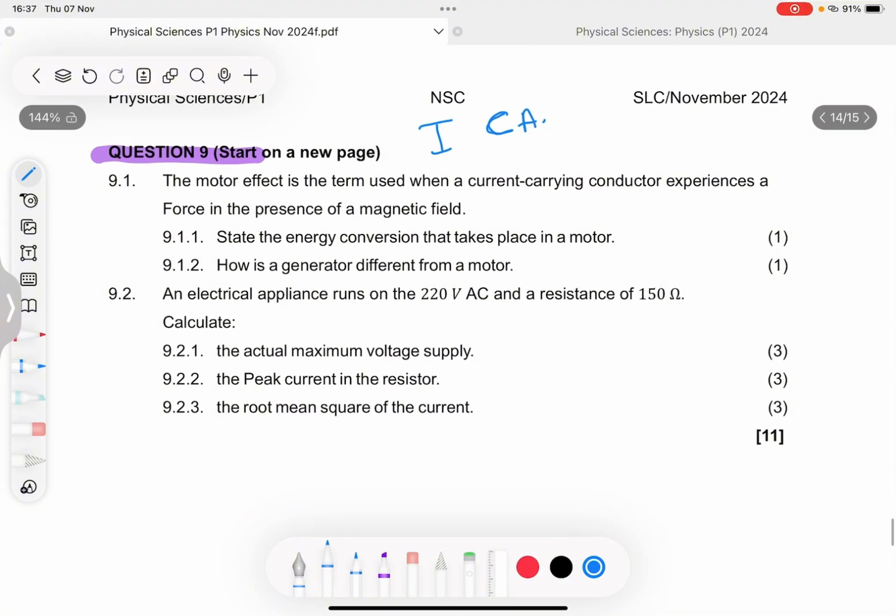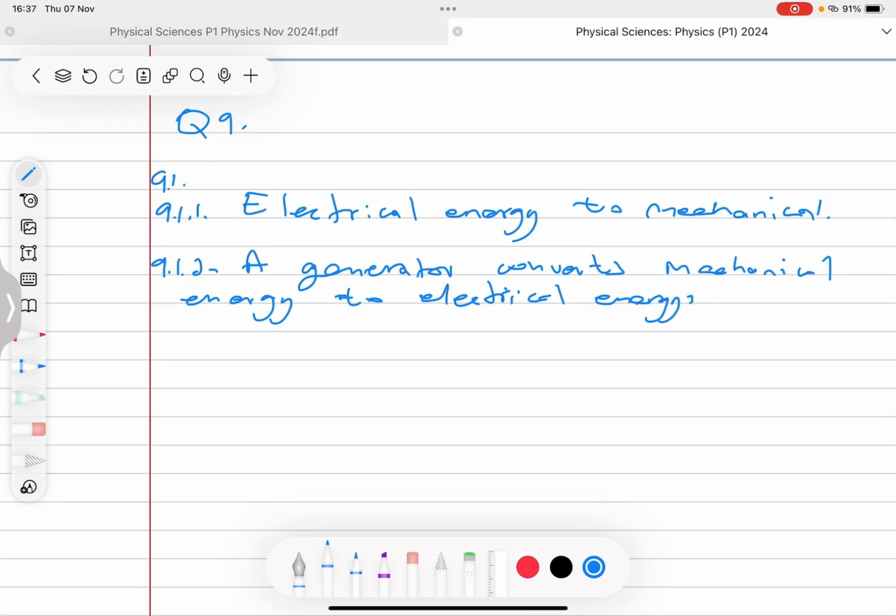Then we jump to 9.2. 9.2 says here an electrical appliance runs on a 220 volts AC alternating current and has a resistance of 150 ohm. So what do we have here? We have an electrical appliance. I'm going to write my data down here.